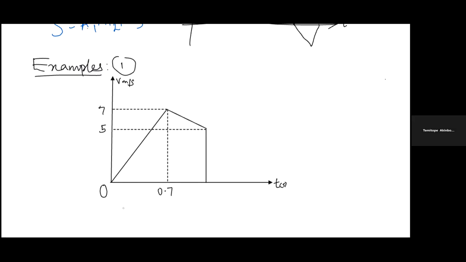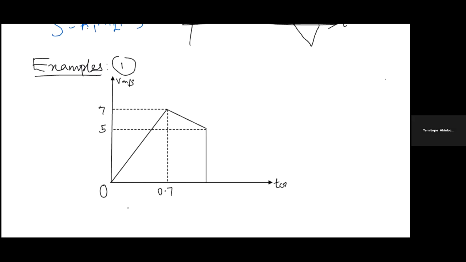The stone hit the surface of the liquid with velocity 7 meters per second when t equals 0.7.